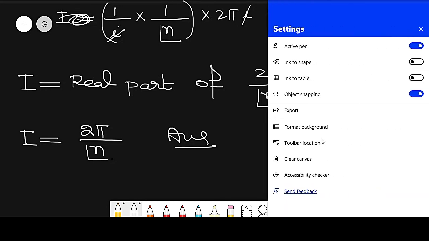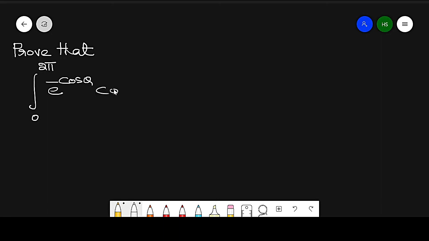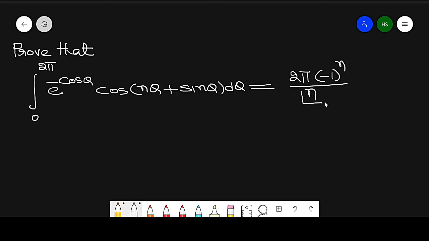On a similar line of action, do the question: prove that the integration from 0 to 2 pi of e raised to power minus cos of n theta plus sin theta into d theta is equal to 2 pi minus 1 by n over n factorial, where n is a positive integer.